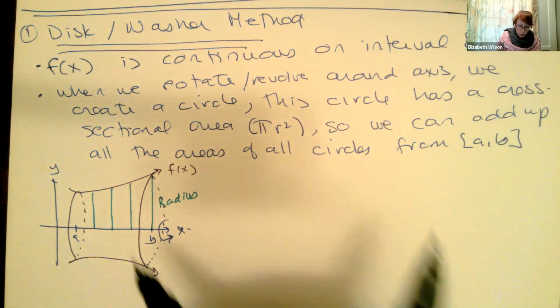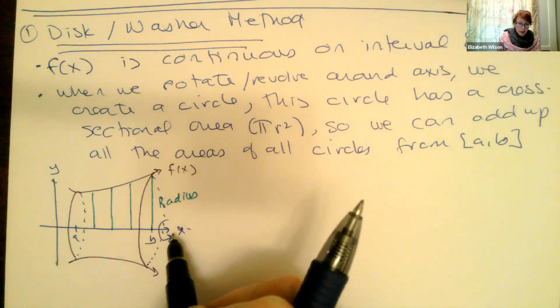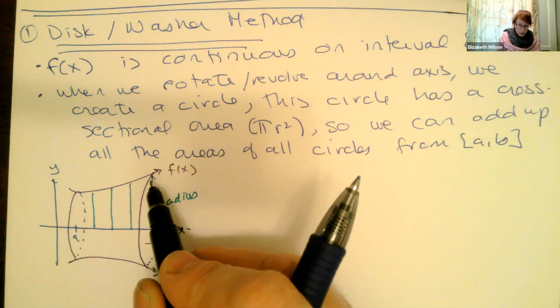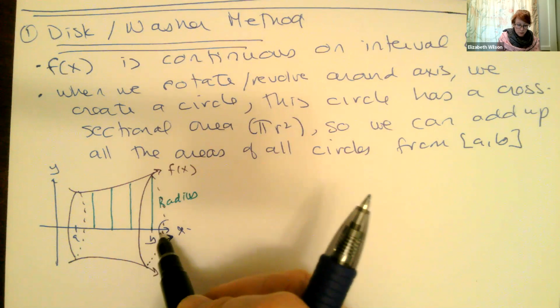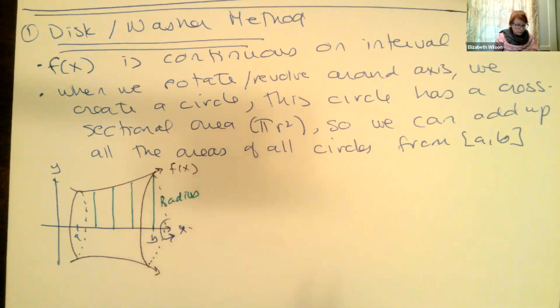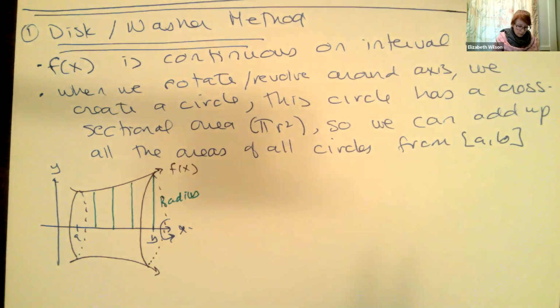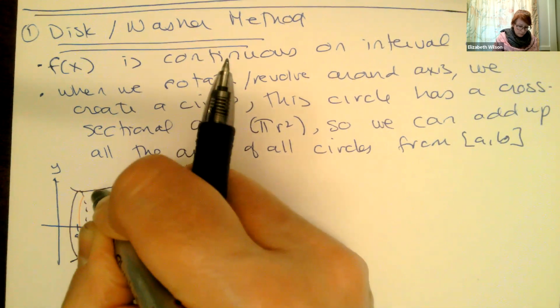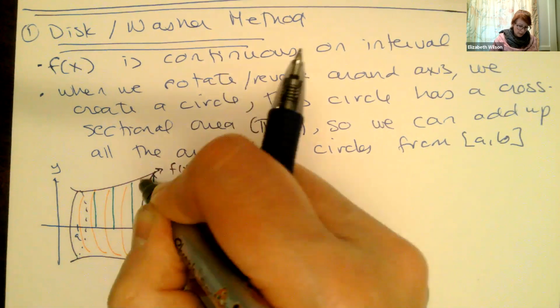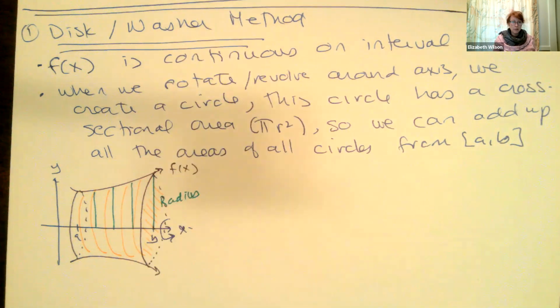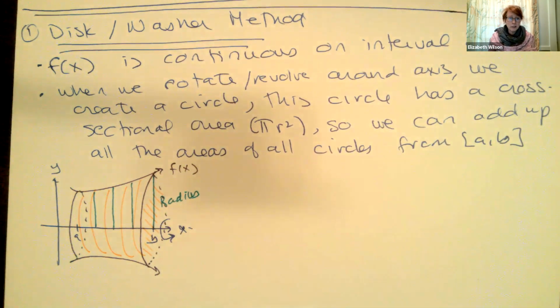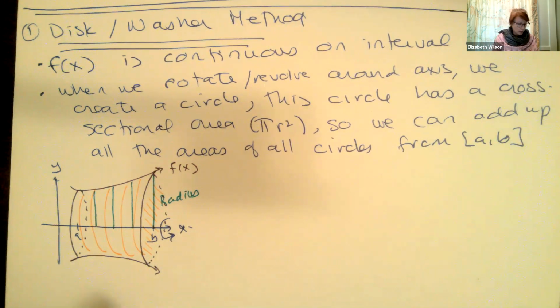We're revolving around the x-axis, so our function minus 0: y equals f of x minus y equals 0 gives me my radius. So I've got all of these circles, and this thing is really just a solid as I rotate it around. You see what I mean? No one's going to grade you based on your picture, but it's going to help you visualize what you're trying to do.